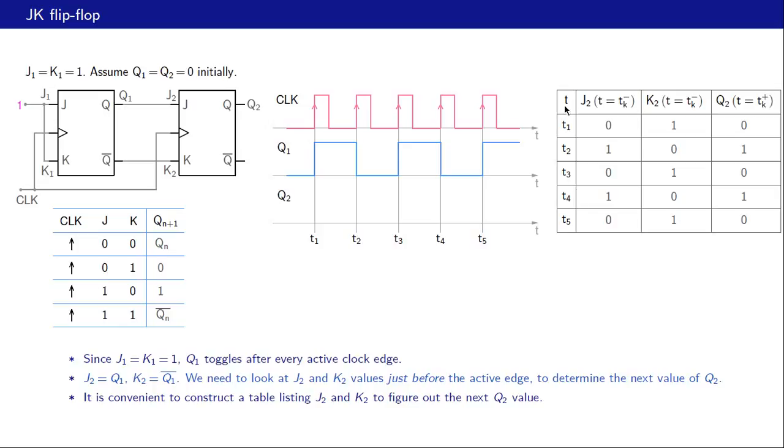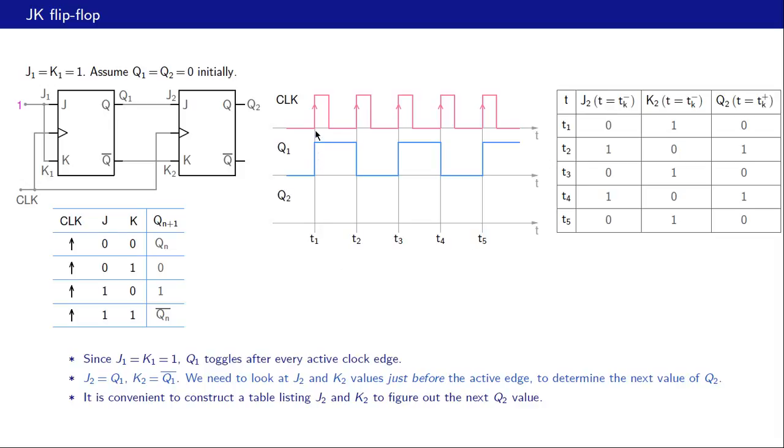Here is our T, T1, T2, T3, T4, T5. T1 refers to this active edge here, T2 refers to this active edge, and so on. These are J2 and K2 values at Tk minus. For example, in this row, this value refers to J2 at T equal to T1 minus. What is T1 minus? This is T1.